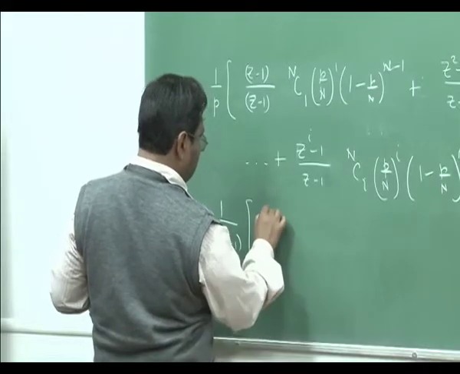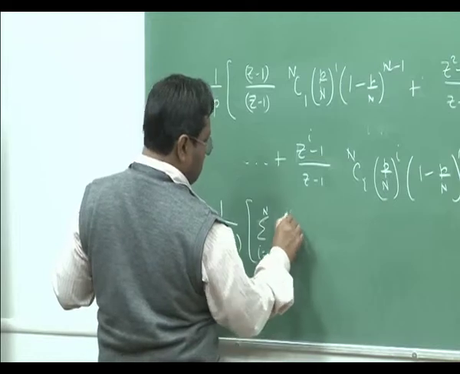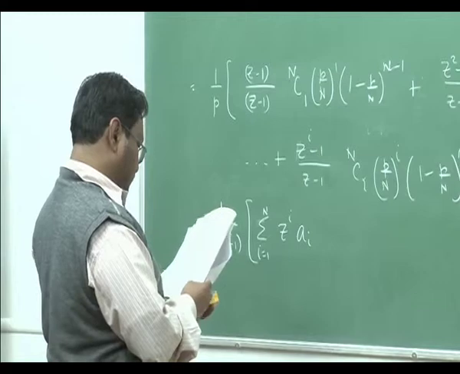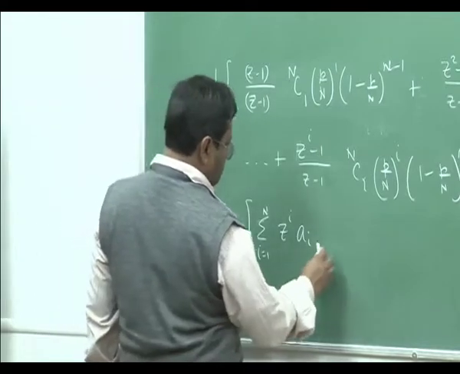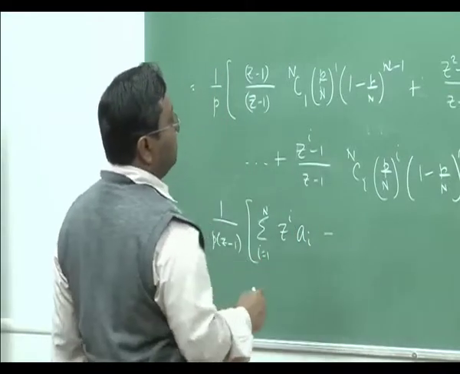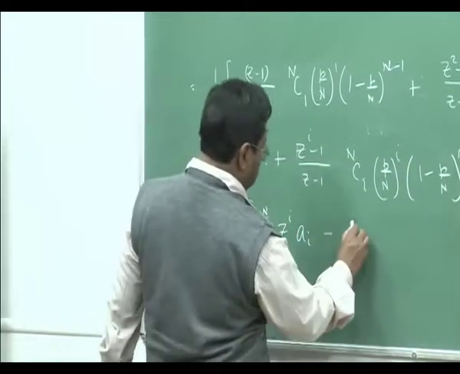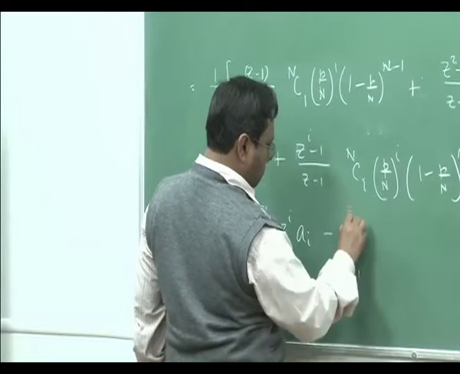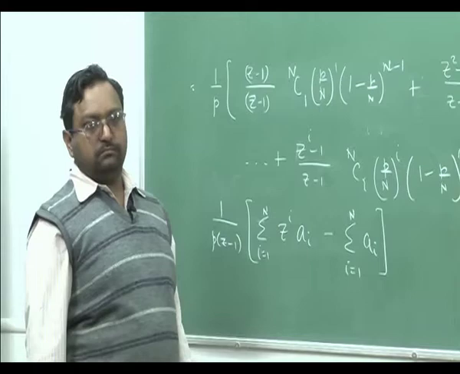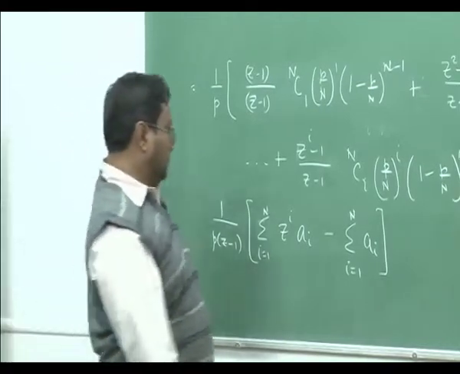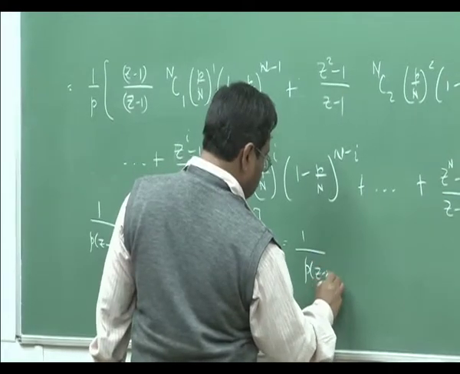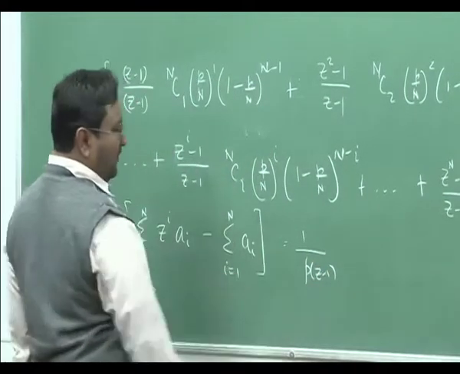summation from i is equal to 1 to n z over i a_i. Okay. Minus this minus 1 is there. This very well can be now written as 1 over P. Now this term can be written as 1 minus a0.